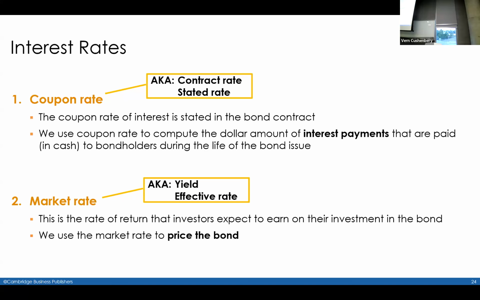But in the example that I drew out, I never sold it, and at the end of maturity, I got $1,000 back. So do I care? Maybe not. Maybe I don't care.